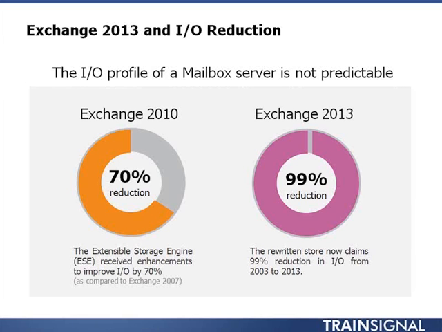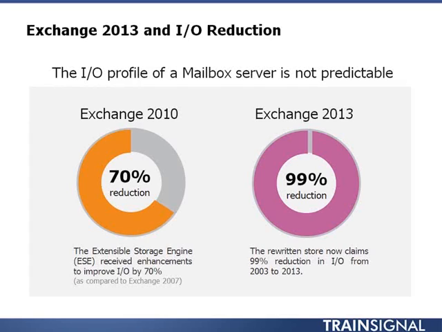As mentioned, the I/O profile of a mailbox server is not predictable. With Exchange 2010, the ESE engine received enhancements to improve I/O by 70%. That means that Exchange 2010 can read and write emails to disk 70% faster than Exchange 2007 using the same engine.